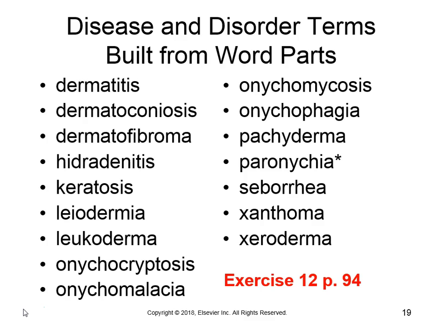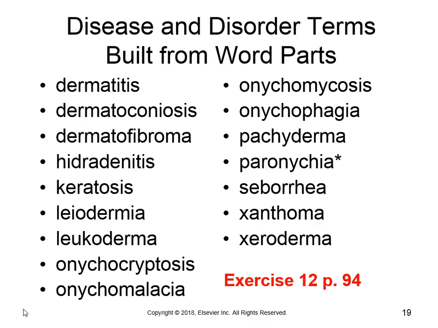We can have tumors of the skin. So we have dermatofibroma. So that would be a fibrous tumor of the skin. Let's see. You can have smooth skin, which would be leoderma. You can have different colored skin, which I kind of covered on the previous slide. You can have nail issues, which is why we have all of those onycho words.